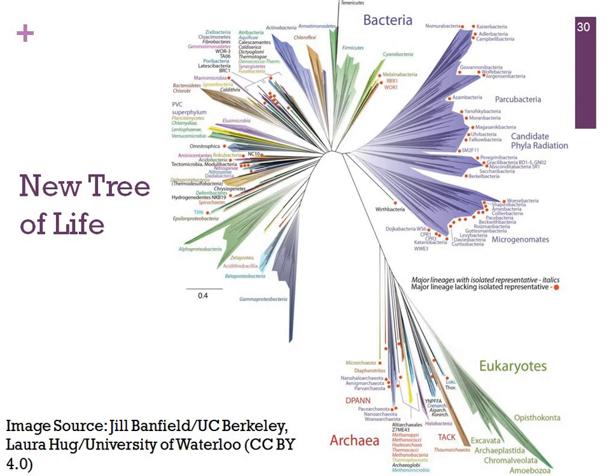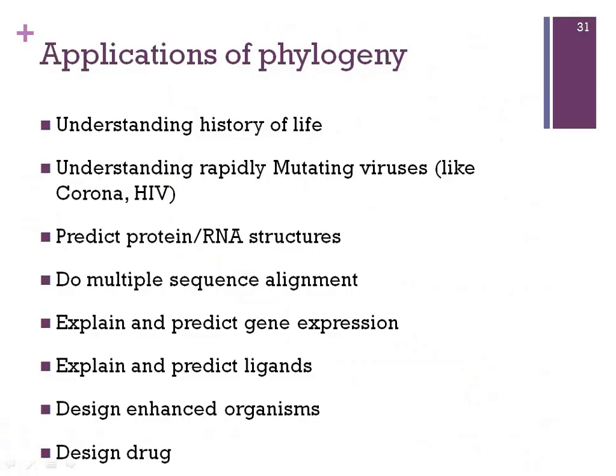But fast forwarding to today's scenario, the new tree of life looks like something that is very huge and humongous. This is possible because of the variety of data that we get from different organisms and the advanced tools that we have in bioinformatics to develop such a phylogenetic tree, which helps in the study of evolution, basically understanding life on Earth. So, applications of phylogeny, as we said, it helps to understand the history of life on Earth.